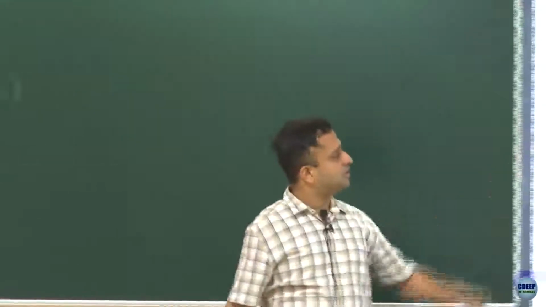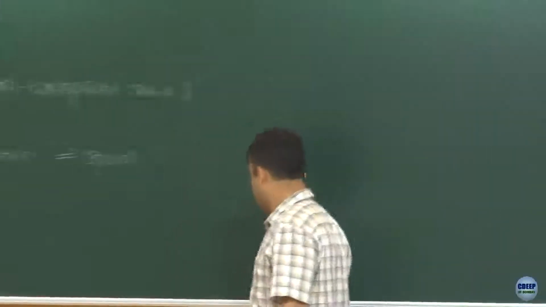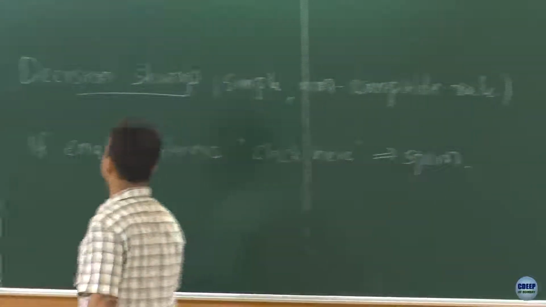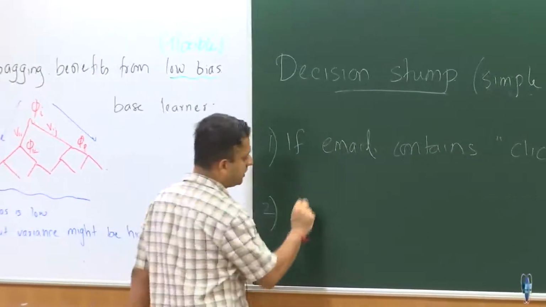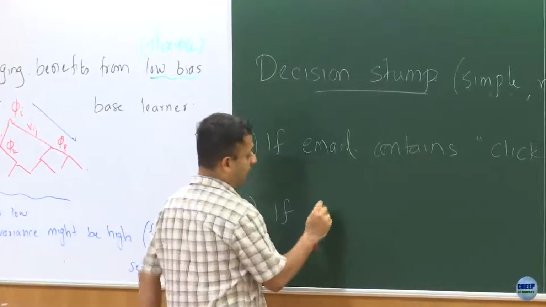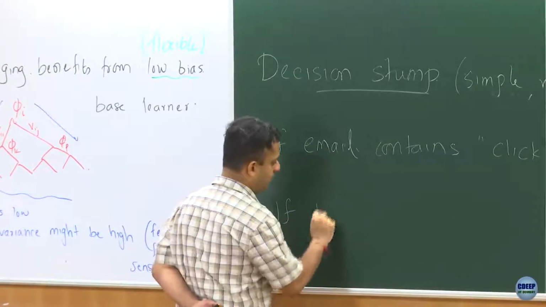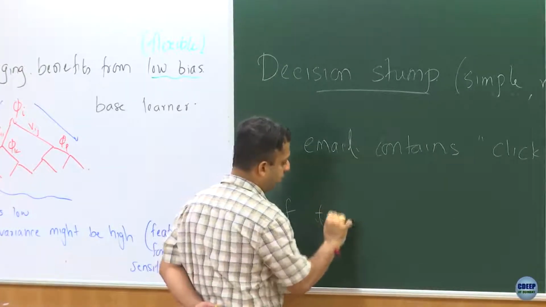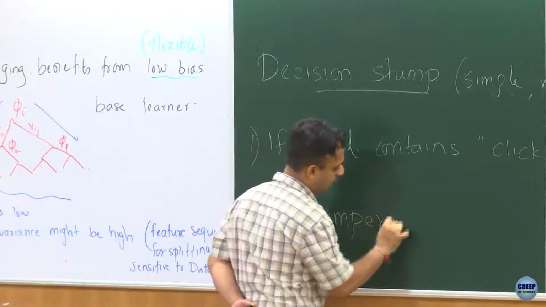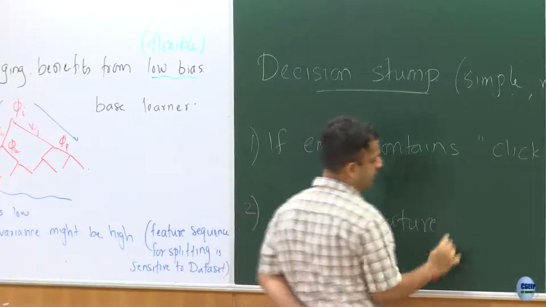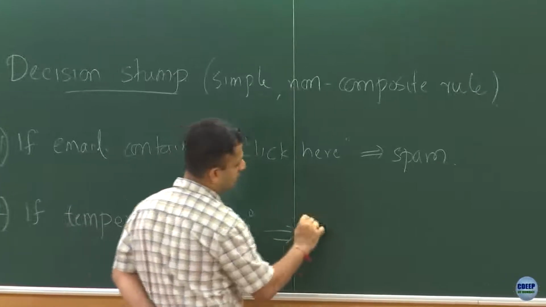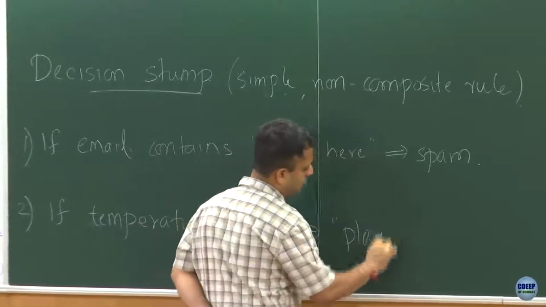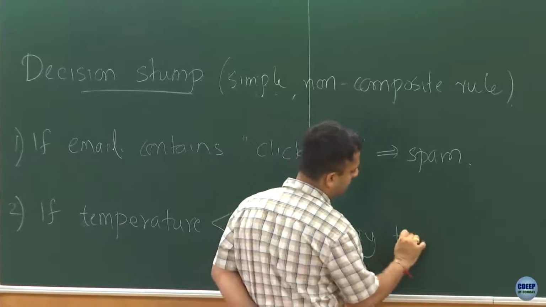Or you can also think of this as a step function on individual features. You could say, if the temperature is less than 20 degrees, then you should go out and play tennis.